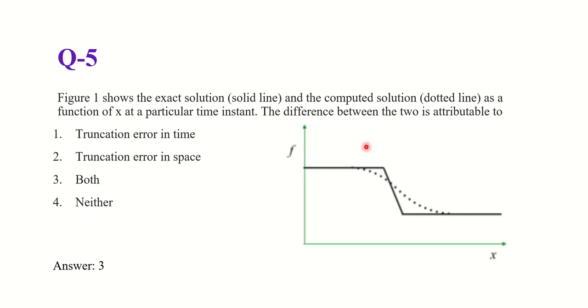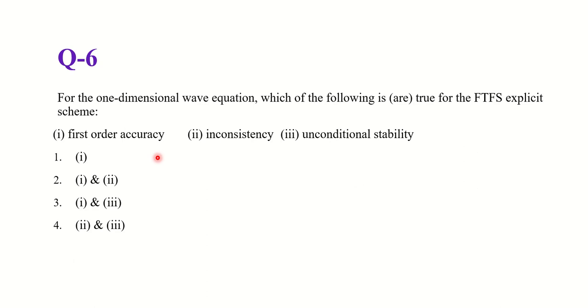So there is truncation error in time. And also we can see that there is a certain deviation between this dotted line and the solid line. So there is truncation error in space also. So the answer to this is truncation error in space as well as truncation error in time. I hope this is clear. Now we'll move on to question 6.